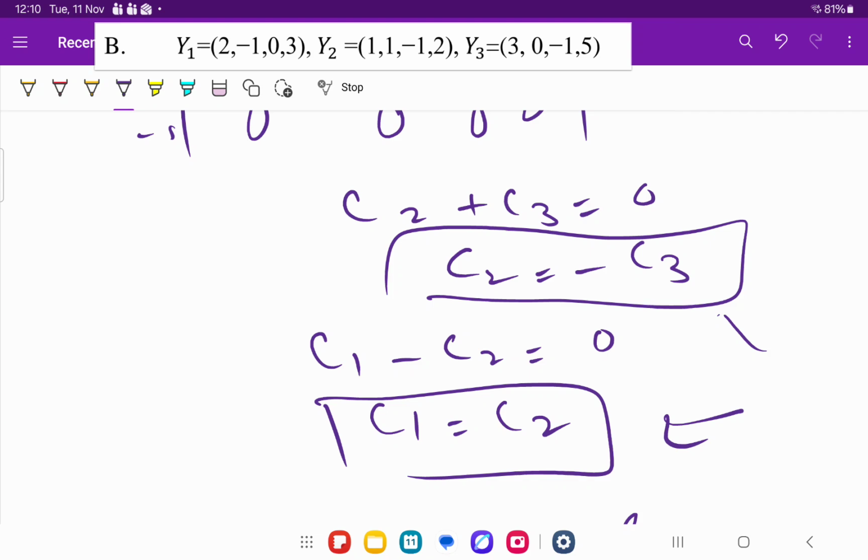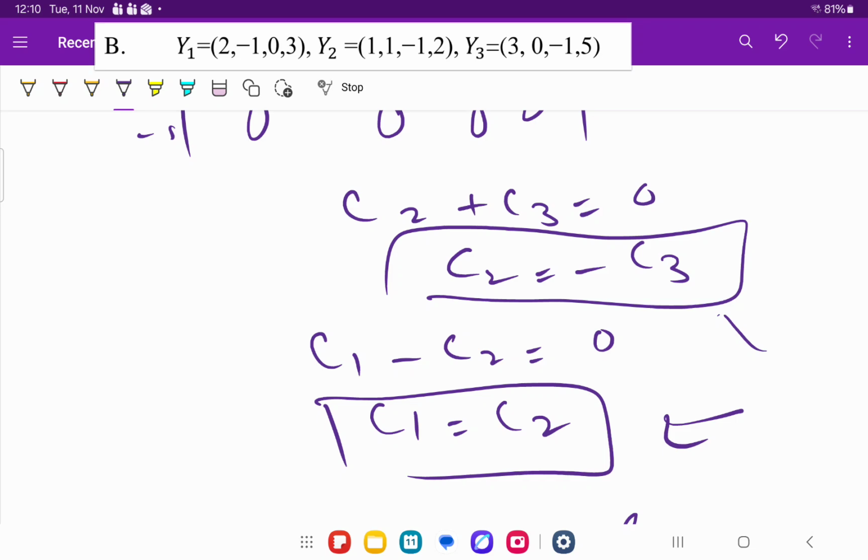You have to decide first of all whether you want to apply row operation technique or column operation technique, because both can be applied. Once you decide on column operations, you may not go for row operations.